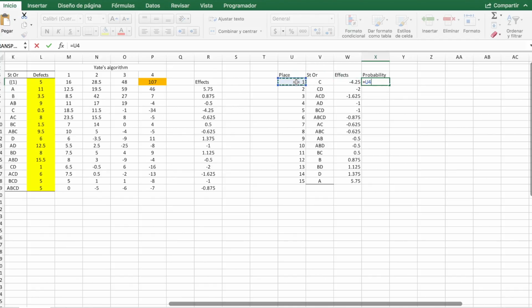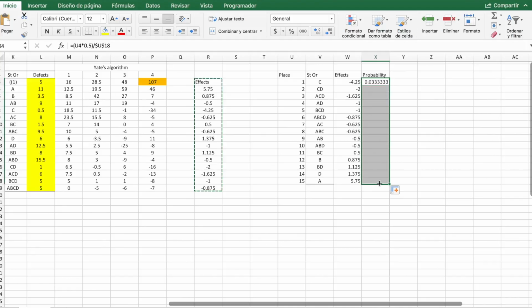The probability is the place minus 0.5 over the amount of data you have. Since you didn't grab 107, now you have 15 data, not 16, 15. This repeats the 15, and you do it for all the numbers.